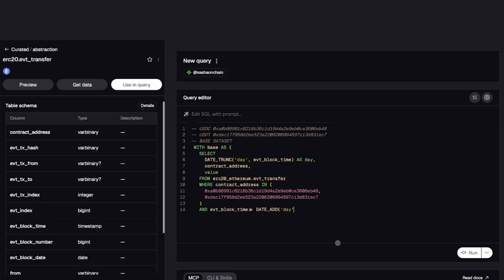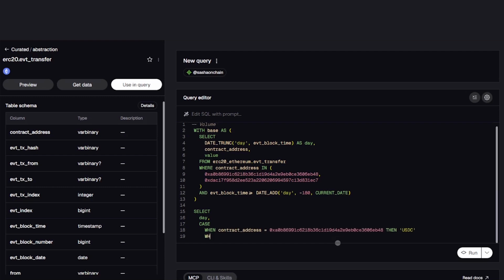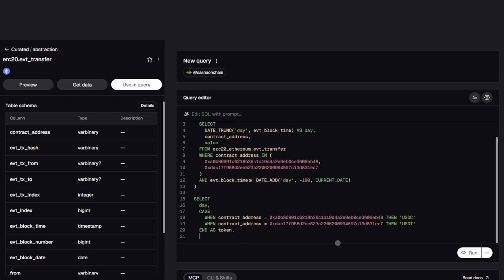Our first metric is volume, the one we already built in the previous video. We reuse the same dataset and group it by day and token to track how activity evolves over time between USDT and USDC. Then we aggregate the value field. It represents raw transfer amounts in smallest units.